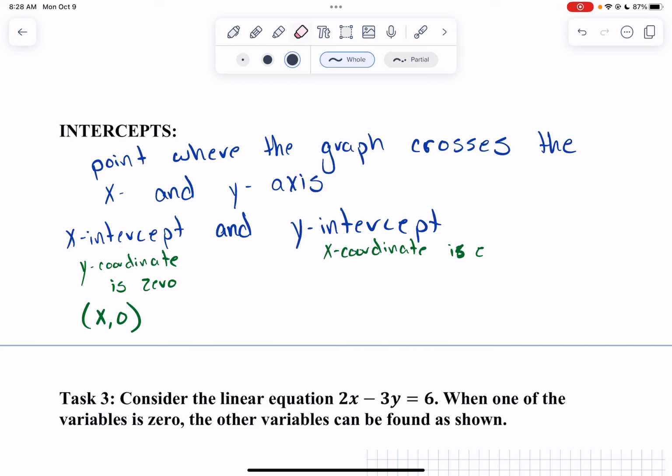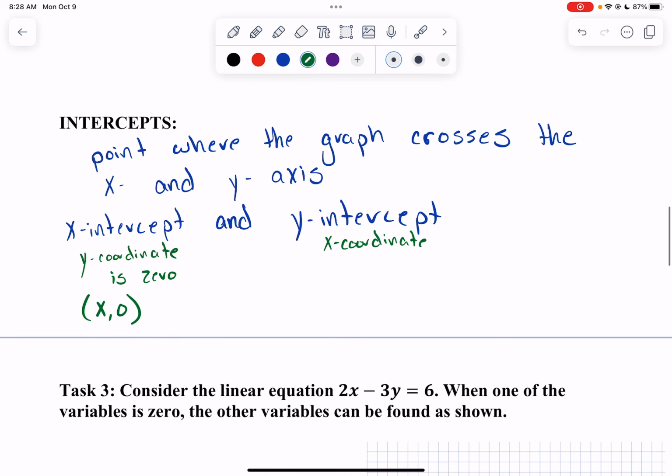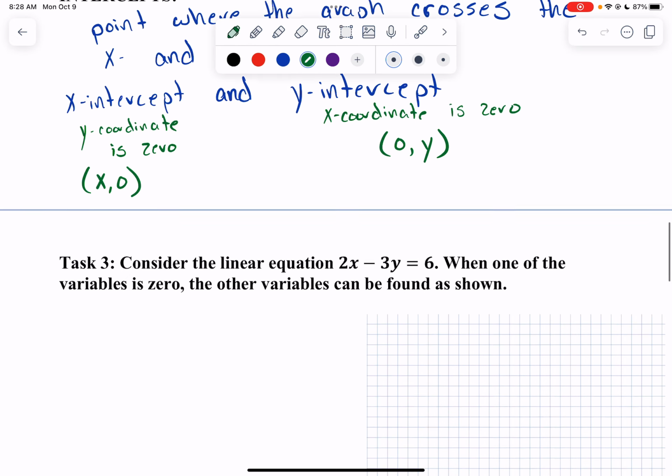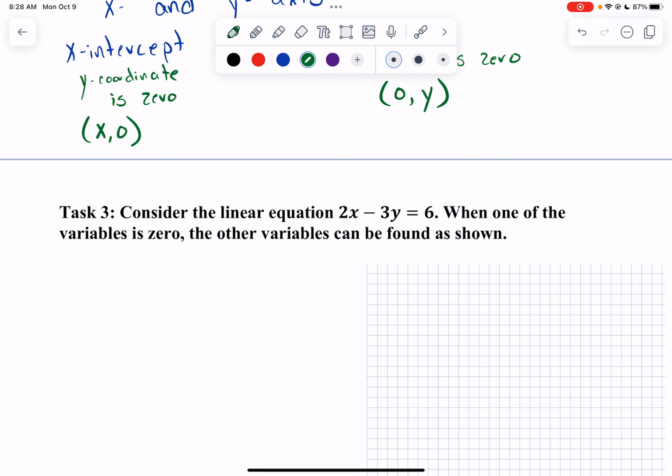Sorry, I tried to put the word "is" and 0 together. So it's going to be the coordinate (0, y). So to find the x-intercept and the y-intercept, we're going to let the x-coordinate and y-coordinate be 0.